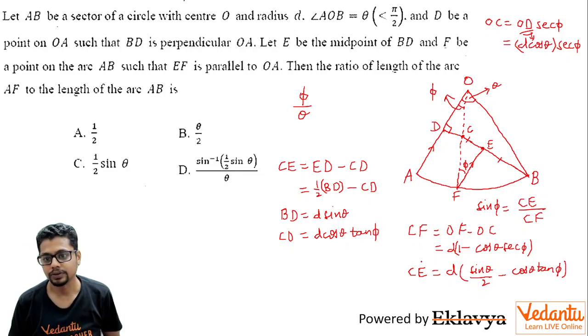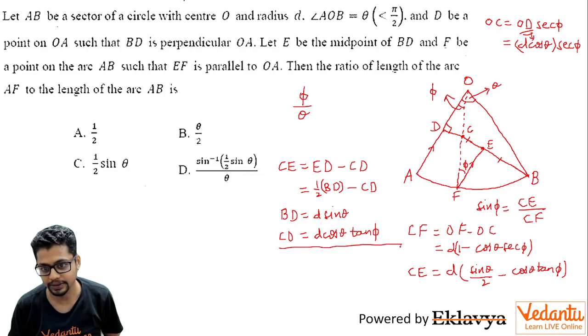So here sine phi is CE by CF. So d cancels out, and what you get is sine theta by 2 minus cos theta tan phi, divided by 1 minus cos theta sec phi.